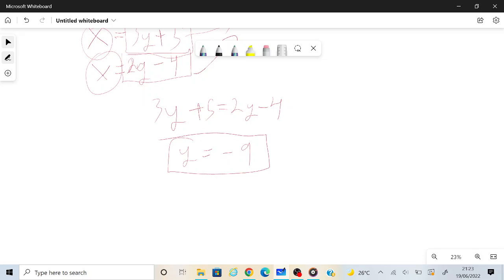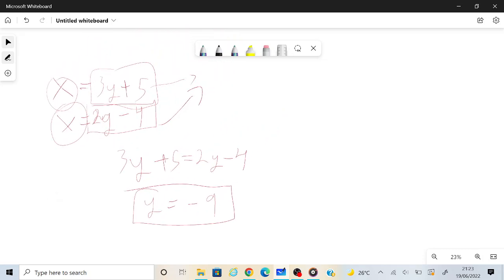Now that your y is minus 9, you can simply find your x by putting this minus 9 over here. So x is 3 into minus 9 plus 5. Please bear with my handwriting, I'm a bit new to this. X is minus 27 plus 5. X is minus 22.